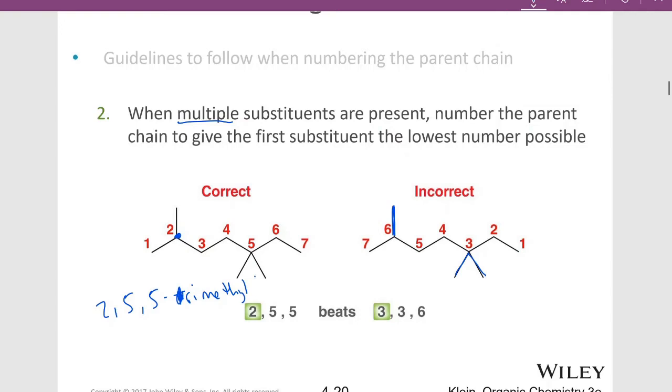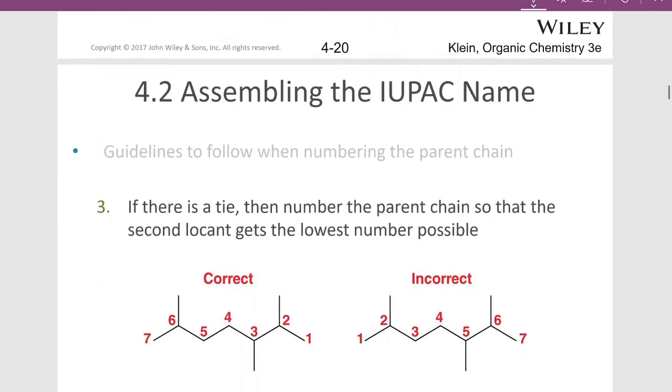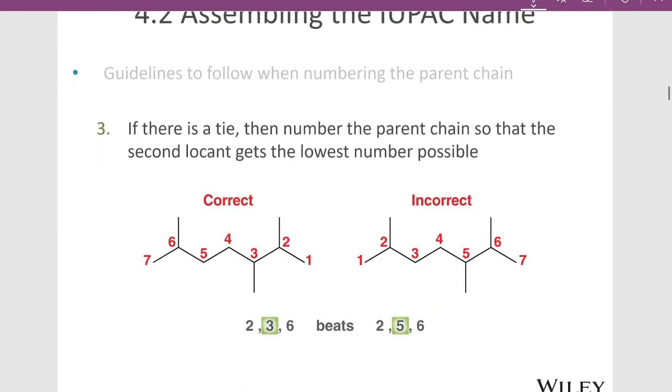We have 7 carbons, so that's heptane. 2,5,5-trimethylheptane, and the 2,5,5 beats 3,3,6 because the first number is lower. If there's a tie, then we want to give the second locant the lowest number possible. So if there's a tie at the first, we ask, do we have a second tiebreaker there?